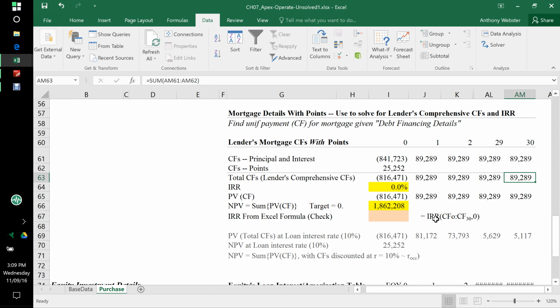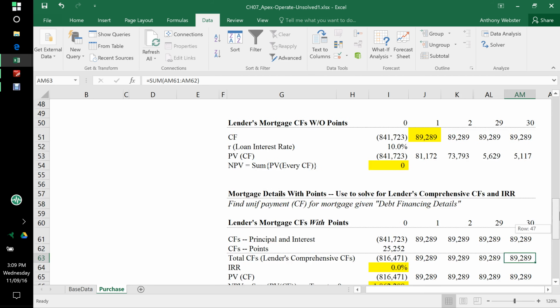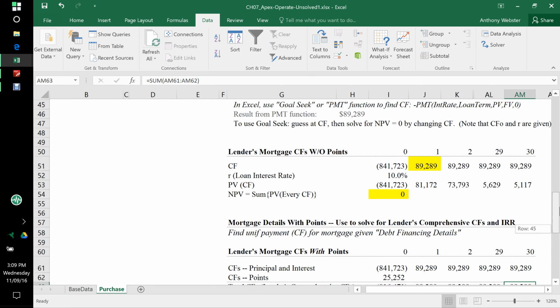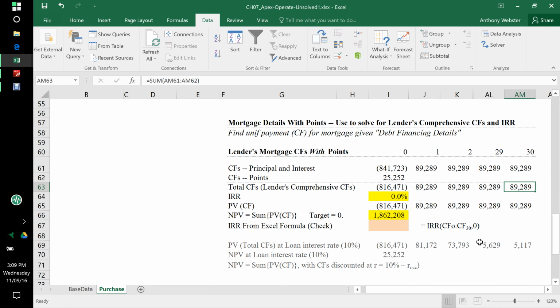So I'm going to solve for this in exactly the same way I solved for the uniform cash flow up above, except that now I don't know the interest rate. I don't know the IRR, but I do know here the uniform cash flows. I know all the cash flows.